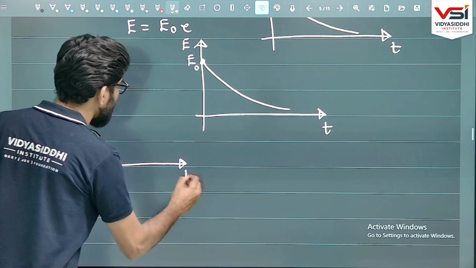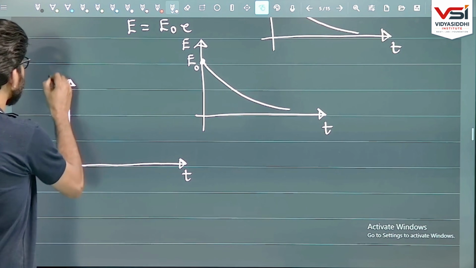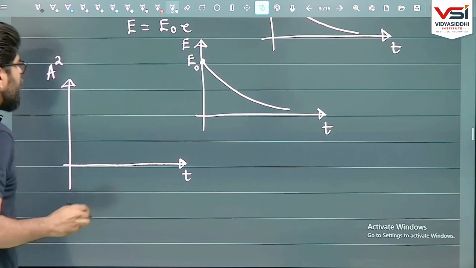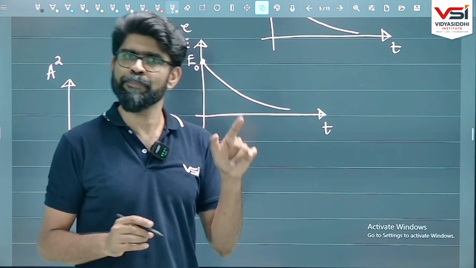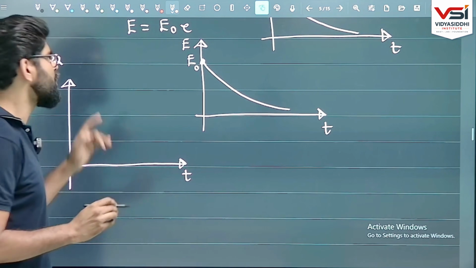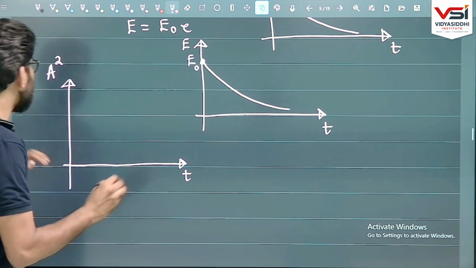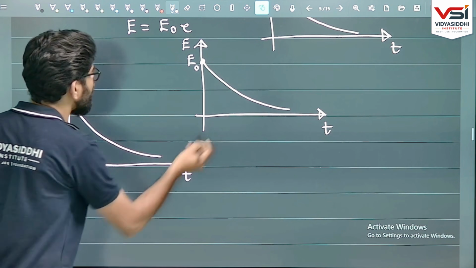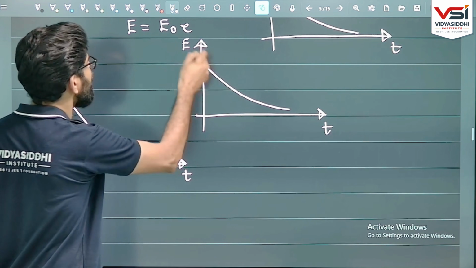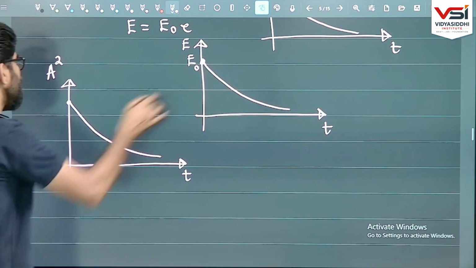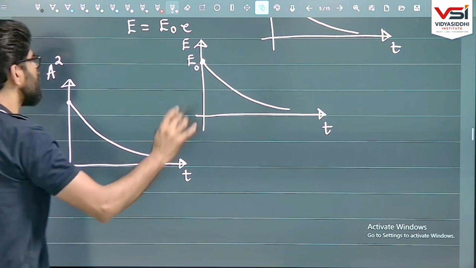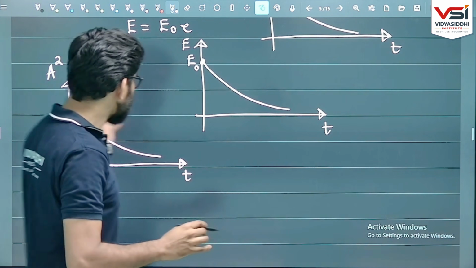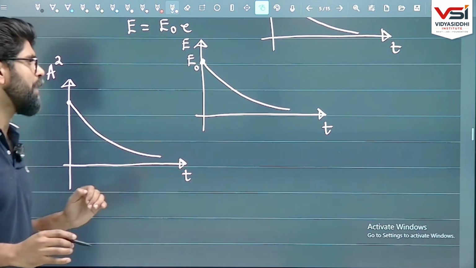Obviously the graph is going to be exponentially decreasing, because it is the energy graph. Apart from the half k, you get the variation of a square. So you only have to prove the exponential variation.